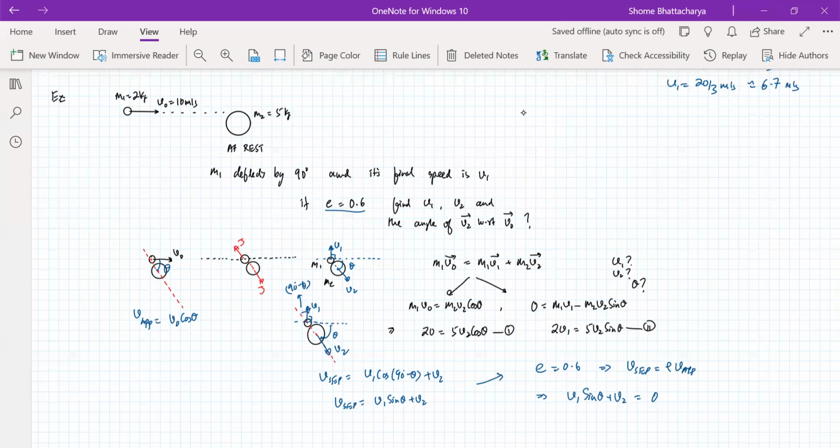That is 0.6 times v naught cos theta. So we have v1 sin theta plus v2 is 6 cos theta. So that is our third equation. Okay, so from this we will have to find out the three unknown quantities.